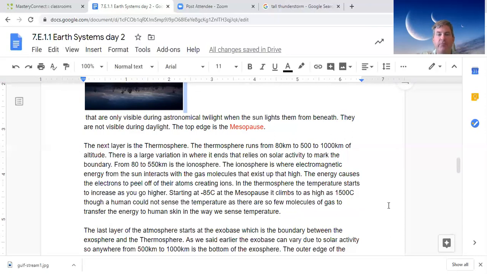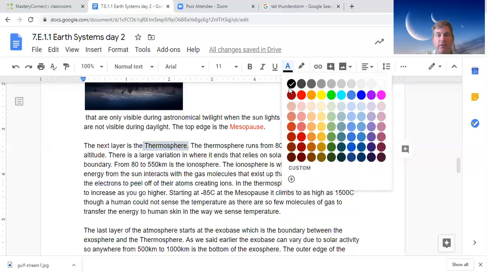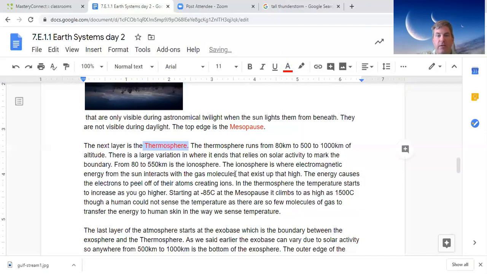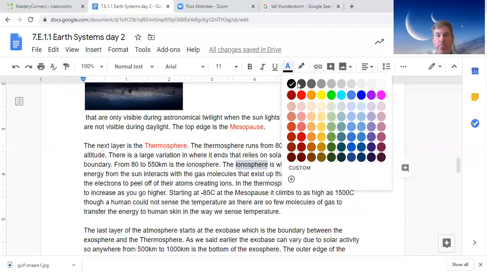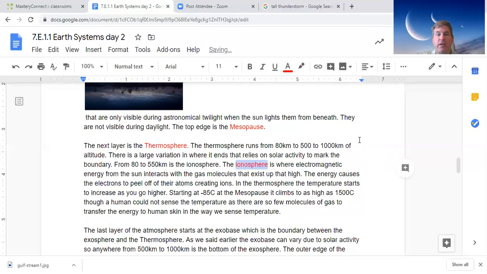It's kind of weird. So, but again, thermosphere. There's the name of it. The ionosphere is a portion of the thermosphere. That's where a bunch of charged particles help keep us shielded from the energy from the sun.